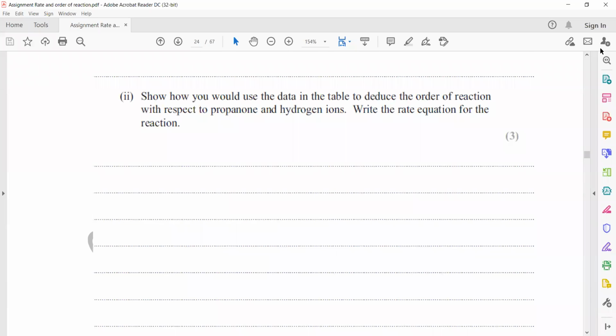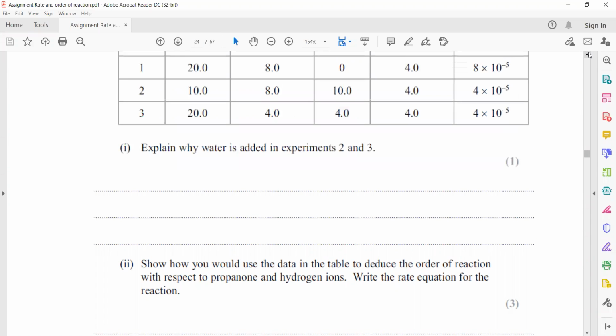Show how you would use the data to deduce the order of reaction with respect to propanol and hydrogen ion, and write the rate equation. So how can we use this data?